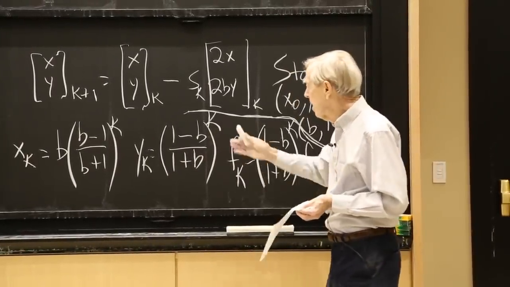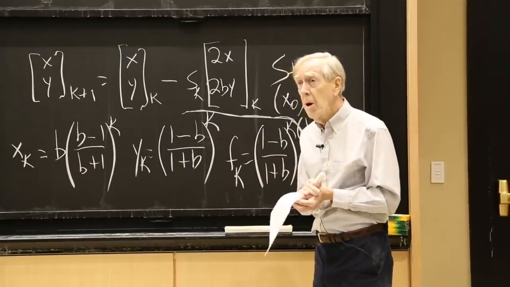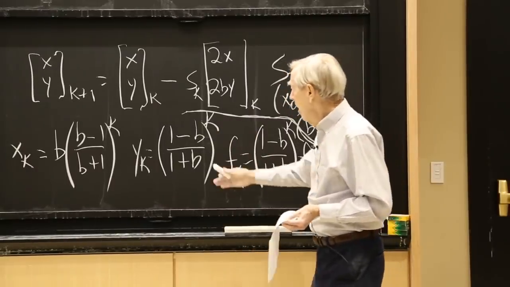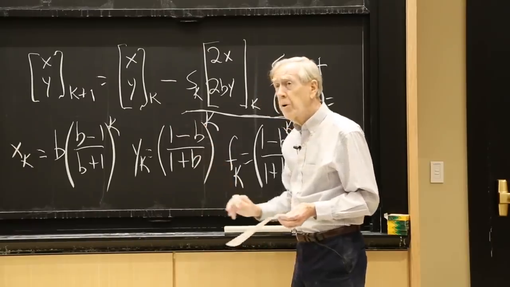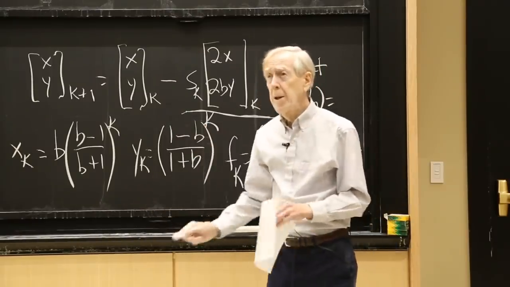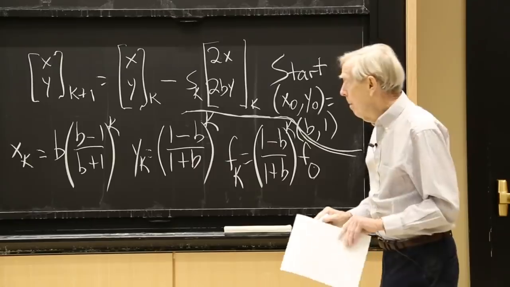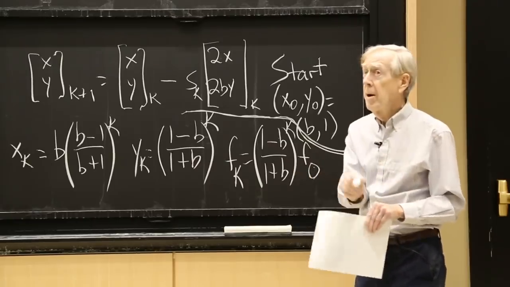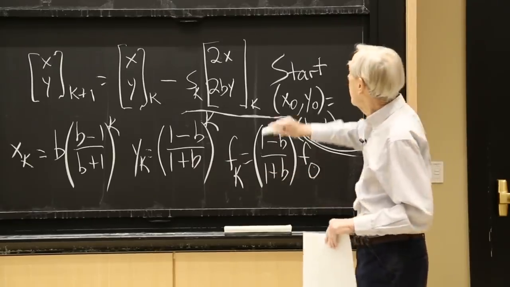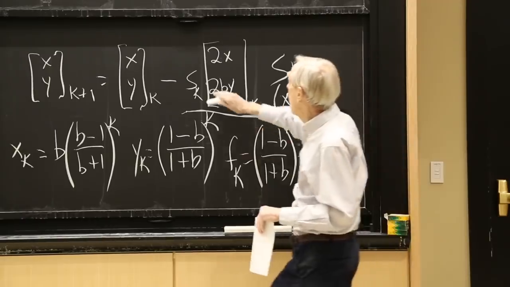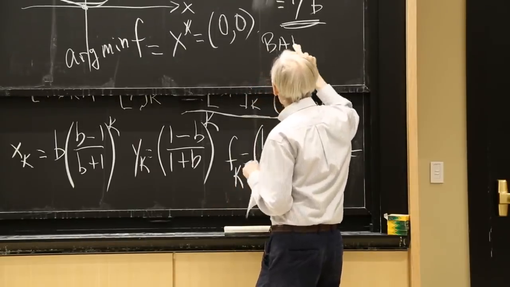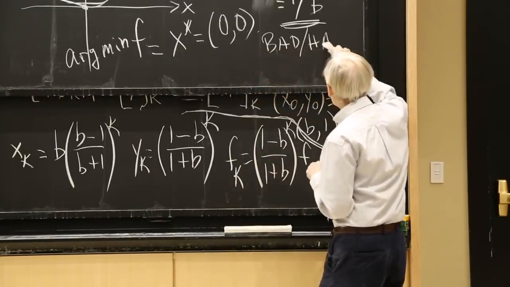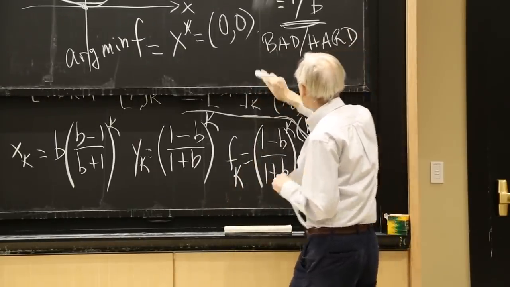If b is near 1, that ratio is small. That's near 0 over 2, and I converge quickly. No problem at all. But if b is near 0, if my condition number is bad, so the bad case, the hard case, is small b.